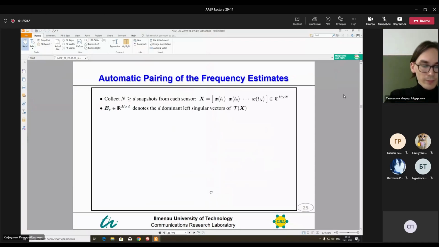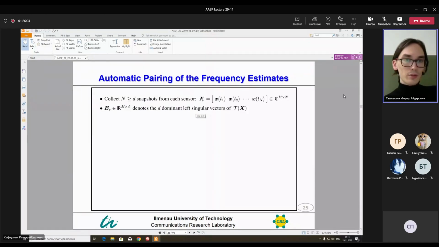But then we can go to unitary ESPRIT. So first we collect the number of snapshots n, which should be equal to or greater than the number of sources, and we collect it into this matrix.